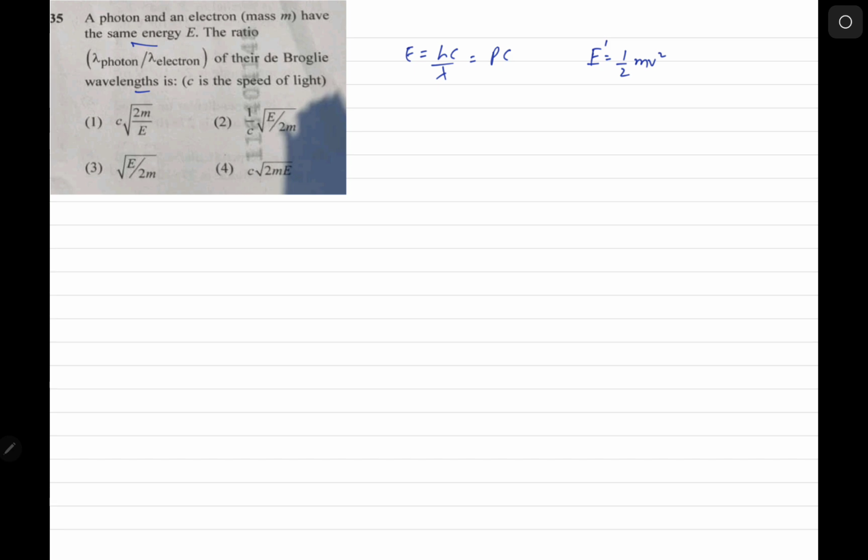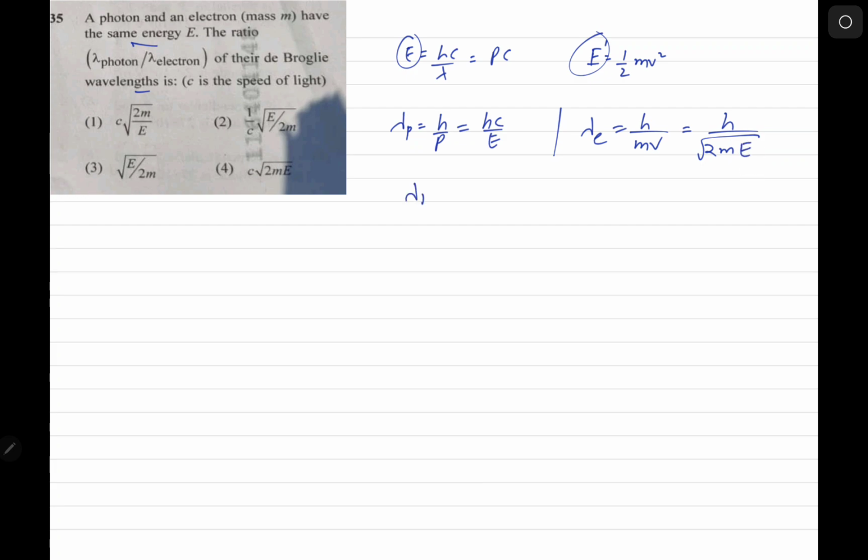The wavelength of the photon is h by p, equal to hc by E, and the wavelength of the electron is h by mv, and v can be written as h by root over 2m E dash. Now it says that they have the same energy, so E and E dash are the same. So instead of E dash, I'll write E only.